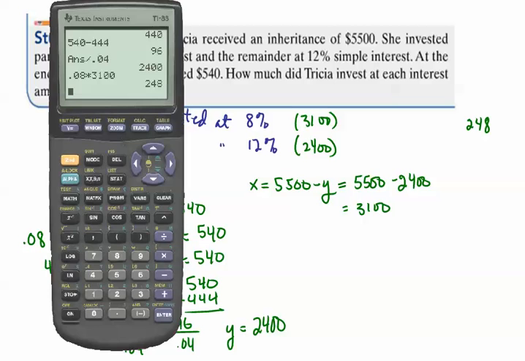Then, if we were to multiply 0.12 times $2,400, that would give us $288.